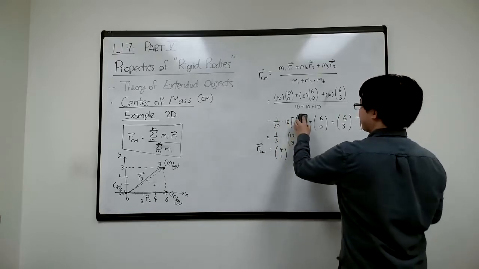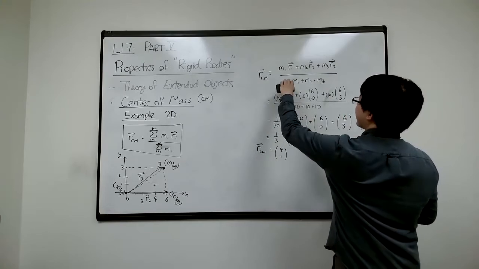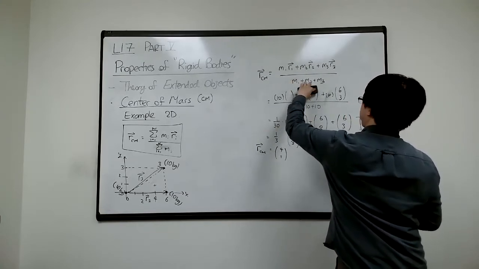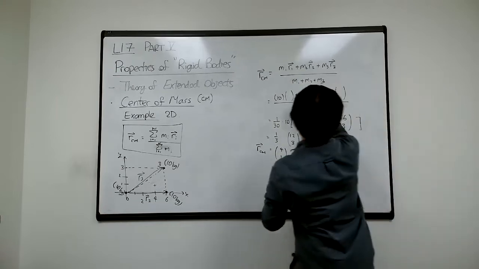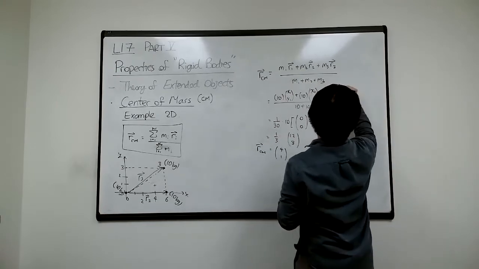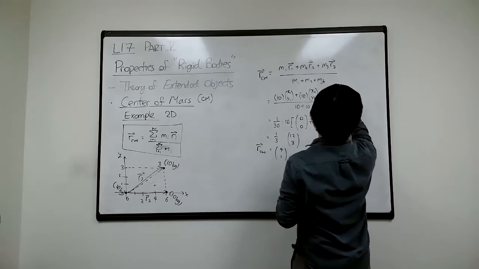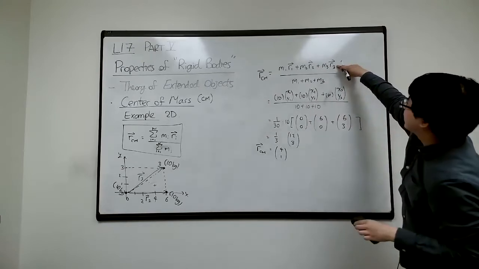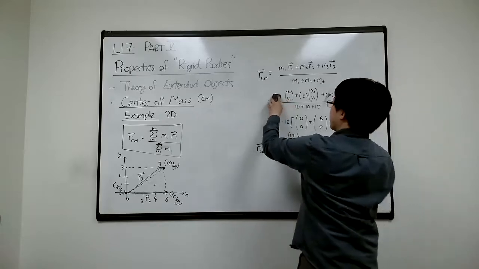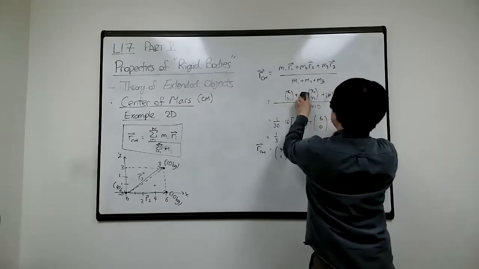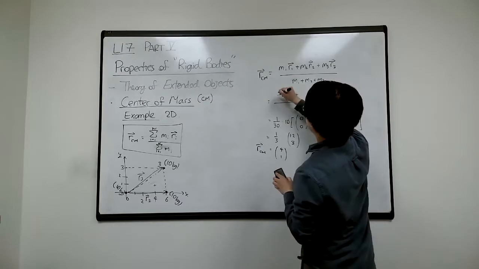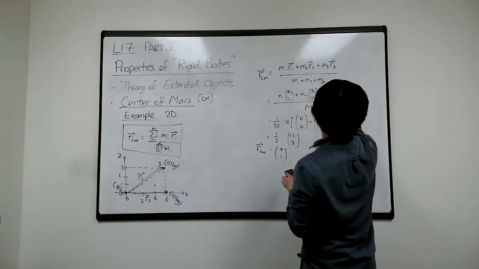So if I keep it general, if I don't plug in the numbers and just say this is X1 and Y1, X2, Y2, X3, Y3, that's the position vector for each mass, position vector over there, position vector over there. Let's keep all these variables like this. So that's just capital M, but this is M1, M2, M3.